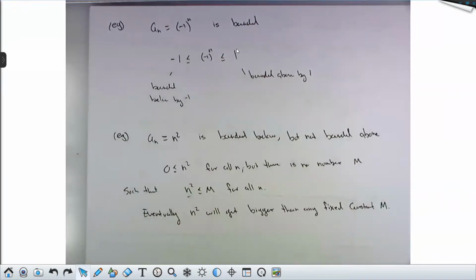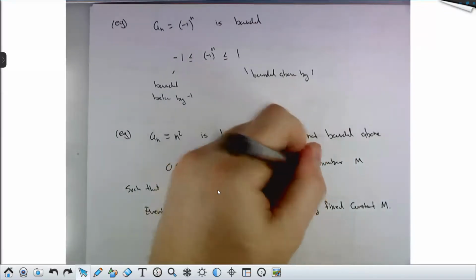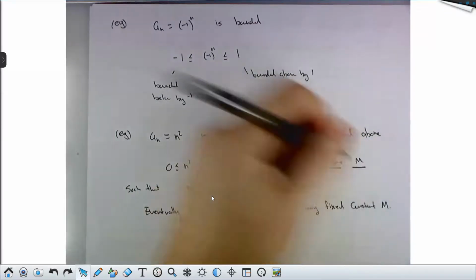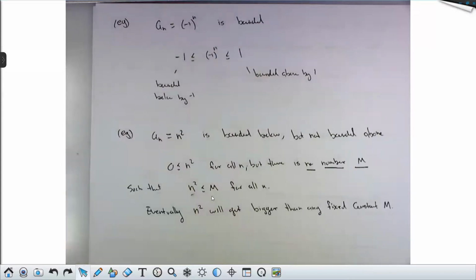So pick your favorite fixed constant, m equals 1,000,000, whatever. Eventually, n squared will get bigger than m. There is no number m such that n squared is less than or equal to m for all n.